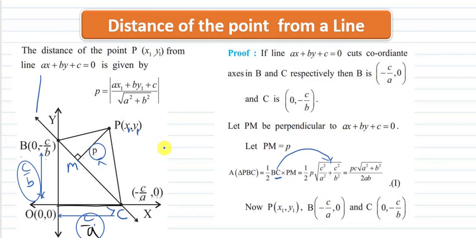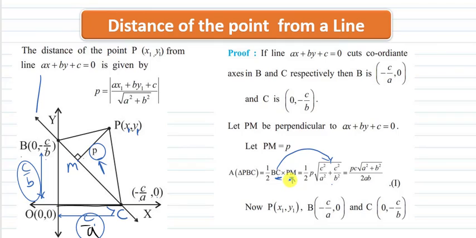Okay. Now in triangle PBC, BC is my base, PM will be my height. So the area of triangle PBC will be half of base BC into height. I have just kept the value of BC, and PM is the length, what we have considered as p.